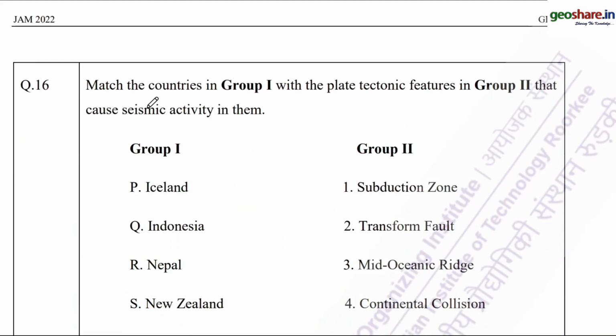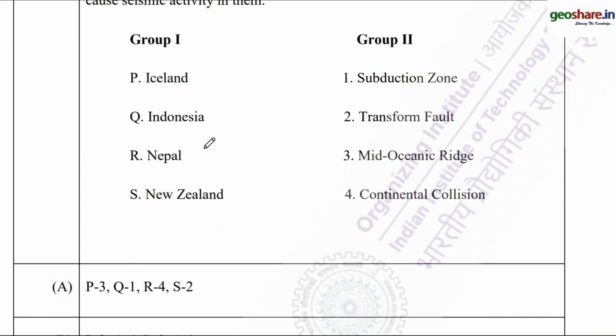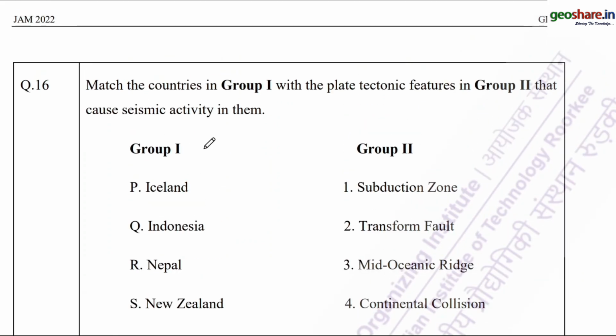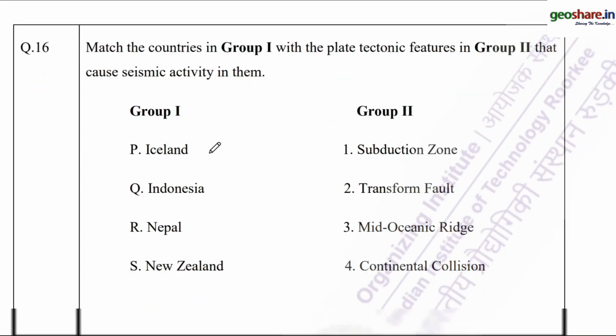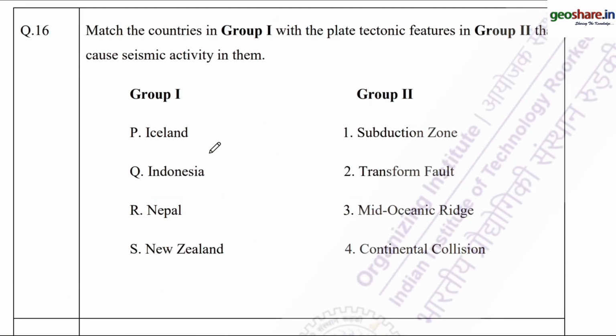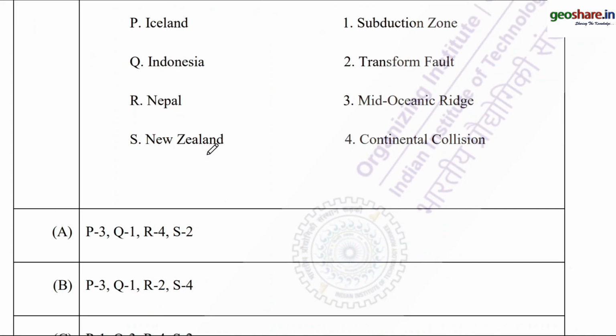Match the countries in group 1 with the plate tectonic feature in group 2 that causes seismic activity in them. In group 1: Iceland, Indonesia, Nepal, New Zealand.